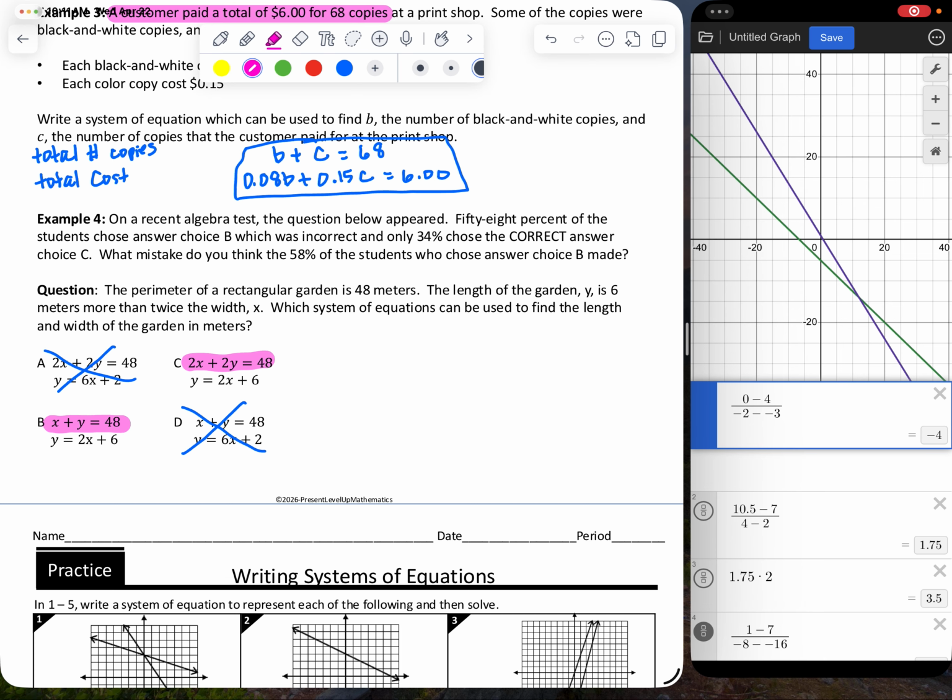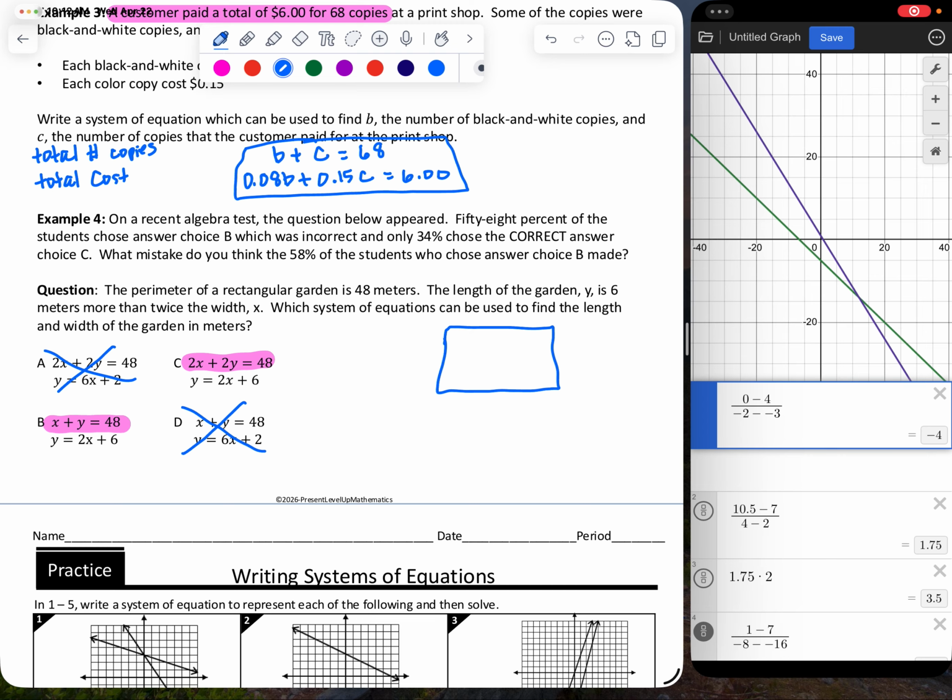Let me read the question again. The perimeter of a rectangular garden is 48 meters. The length of the garden, y, is 6 feet more than twice its width, x. I think a picture here would really help us figure out what the students did wrong, okay?